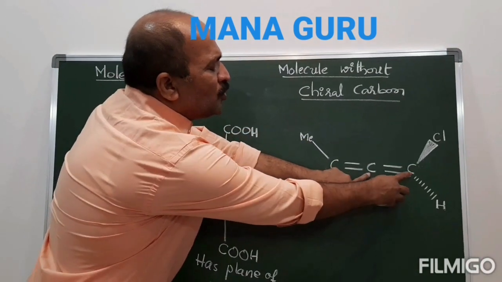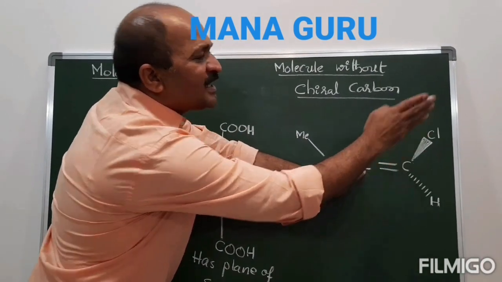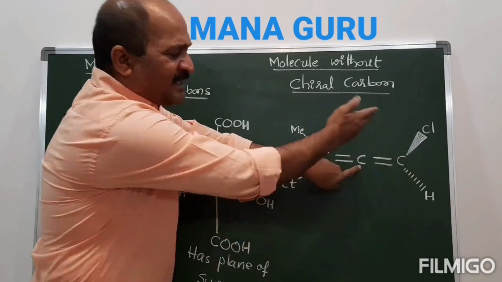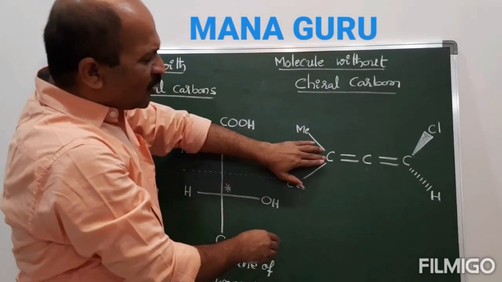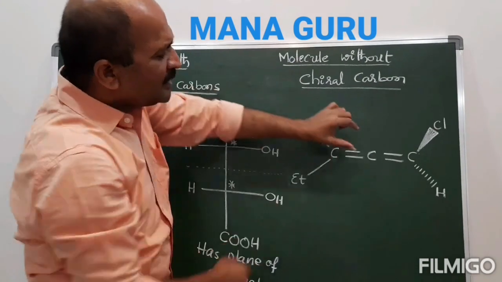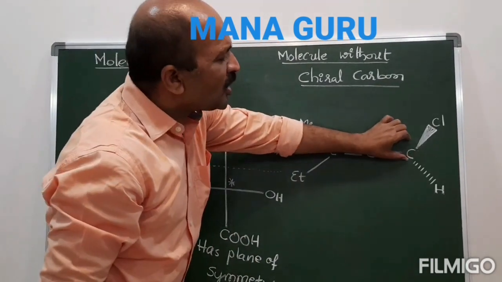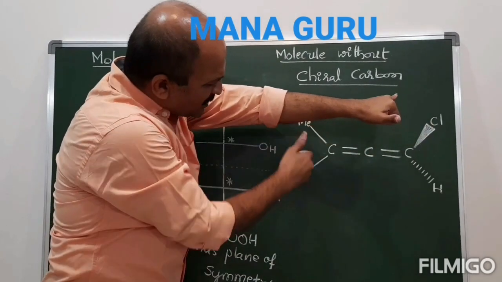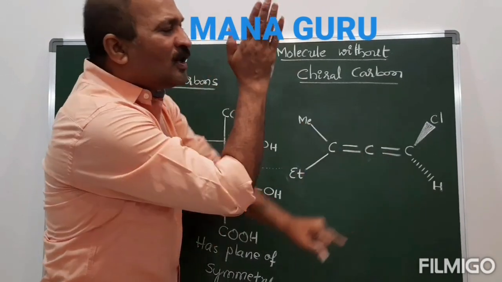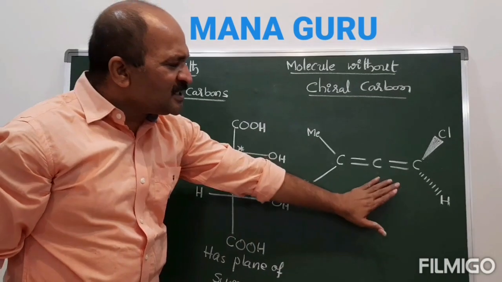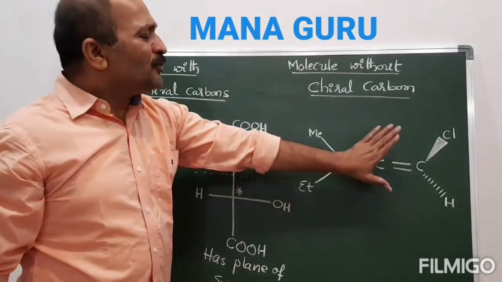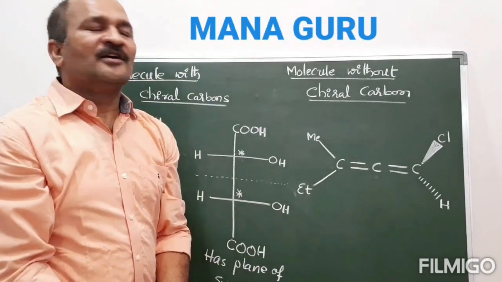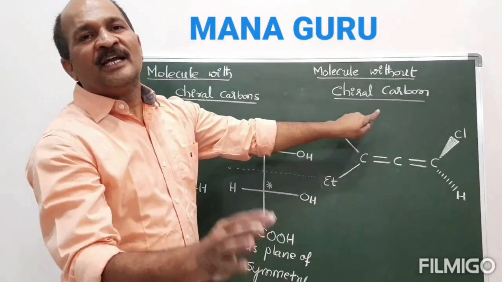Assume the chlorine is present nearer to you, and the hydrogen is away from your eyes. This is the double bonded carbon, and this carbon has chlorine and hydrogen, present in this direction. That's why you can't cut it into two equal halves. That means this molecule has no plane of symmetry. Due to the absence of a plane of symmetry, even though this molecule has no chiral carbon, it exhibits optical isomerism.